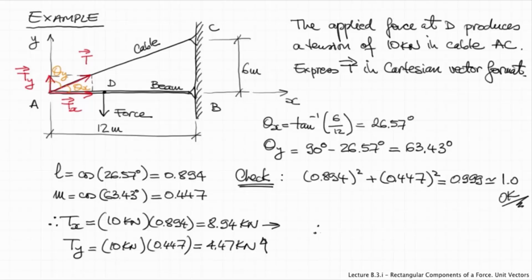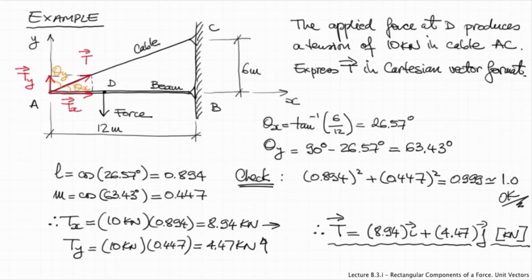Of course, we have to indicate their directions, so both of them are positive, as you can see. In the end, all we have left is to express T in vector format as equal to 8.94 i plus 4.47 j, and don't forget about the units, which is very important. These are kilonewtons.